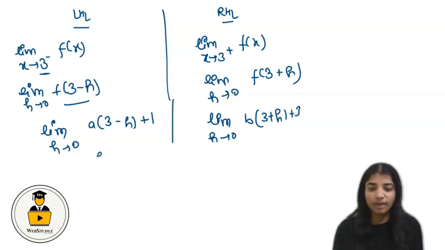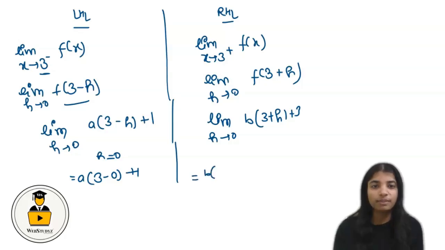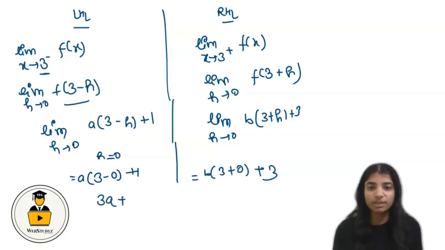Putting h equal to 0, this becomes a multiplied by (3 minus 0) plus 1, and b multiplied by (3 plus 0) plus 3. So this value is 3a plus 1, and this is 3b plus 3.